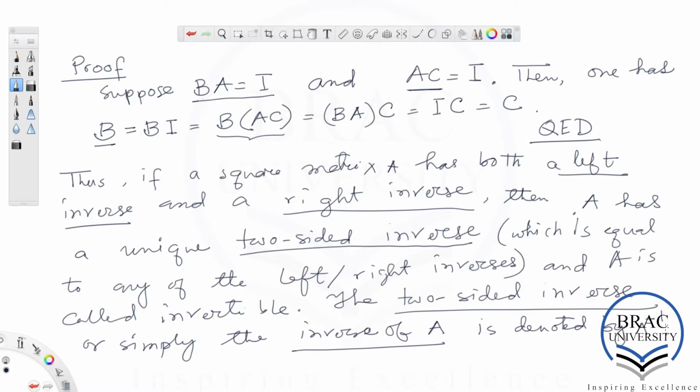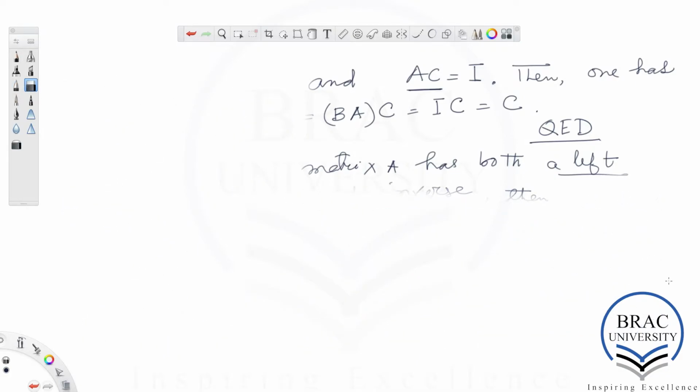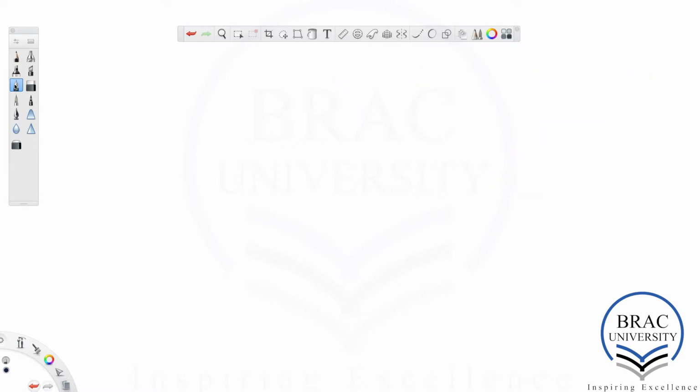Now we have our third theorem. Theorem 3.